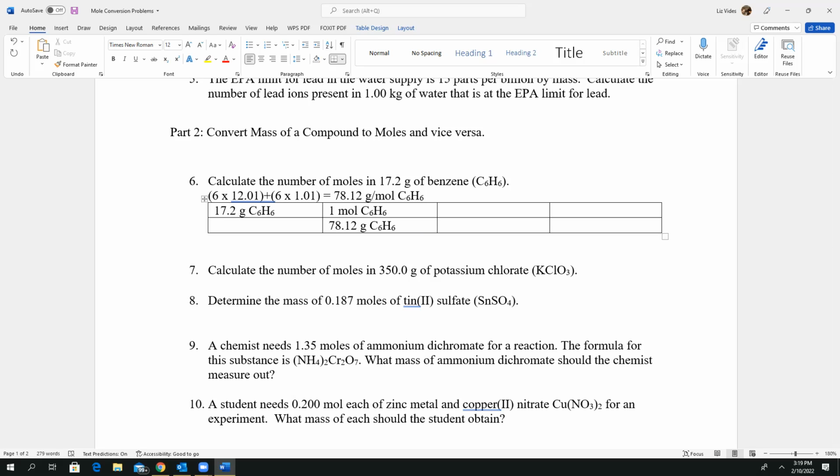That gives me 0.220. And since we have to have 3 sig figs, the answer is 0.220. And that would be moles of benzene. Okay.